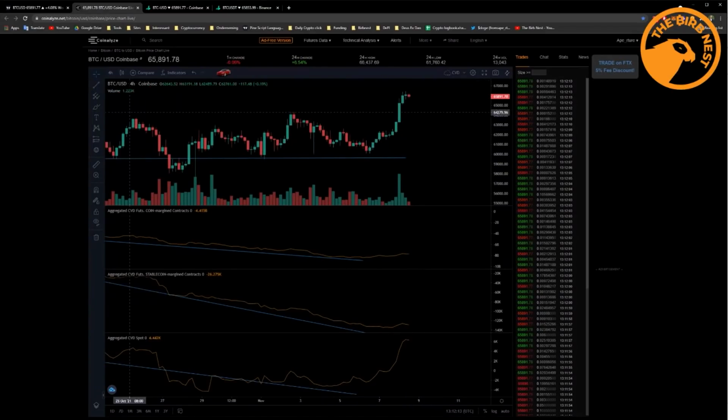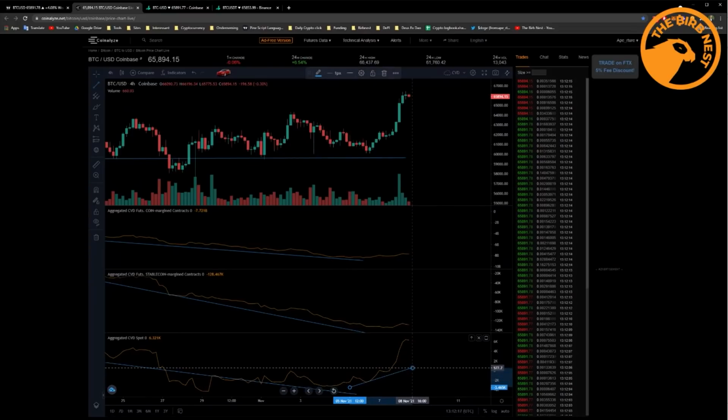And I think we saw that yesterday, where the spot CVD, so actually the spot buying, went up again, while shorts might close, like you can see CVD flat or going up slightly. And that means that the rally that's starting over here is a solid rally, and it's being supported by spot bidding and spot buying.